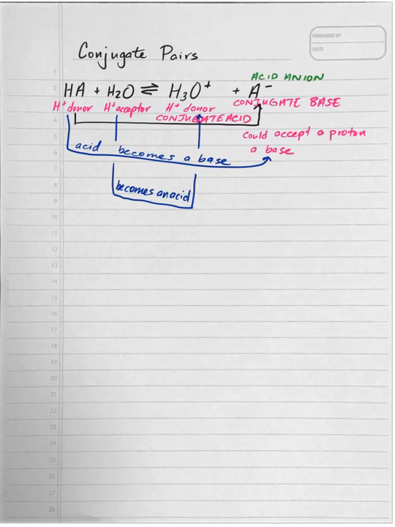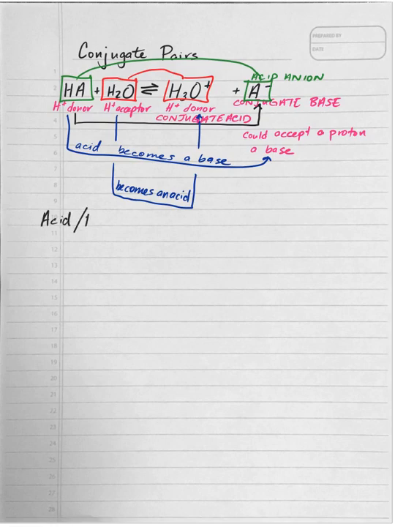What we now have here are two conjugate pairs. The HA and A minus are one conjugate pair, and the H2O and H3O plus are another conjugate pair. The conjugate pairs always consist of an acid and a base. So we cannot have an acid-base reaction without generating a conjugate acid and a conjugate base. These things always come together as a pair.